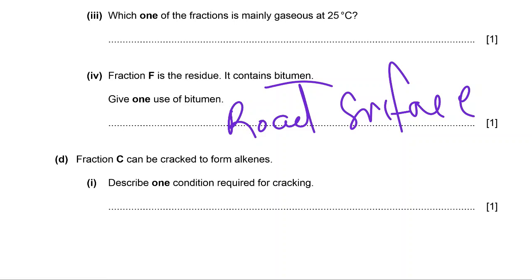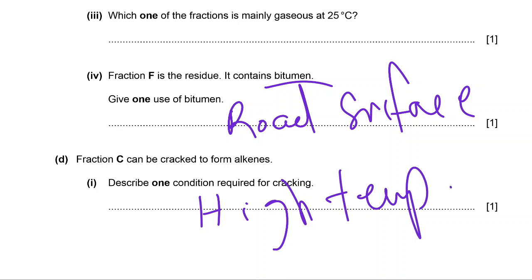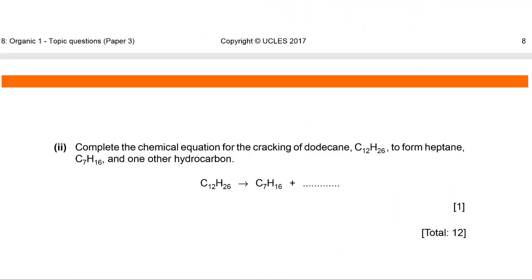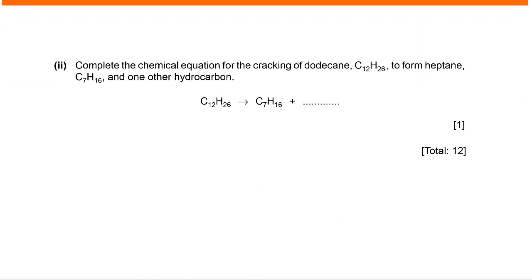Okay, fraction C can be cracked to form alkenes. Describe one condition required for cracking. Similar to the previous question, high temperature. Next question, it's also about cracking, but here the alkane is shorter than the previous one.